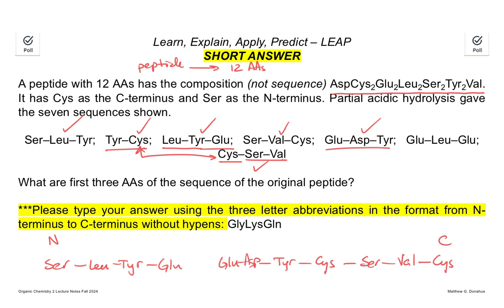And now we have these two fragments, Glu and then Glu, and we see the last one. So those have to be connected by the leucine. So I think that's the correct sequence now.